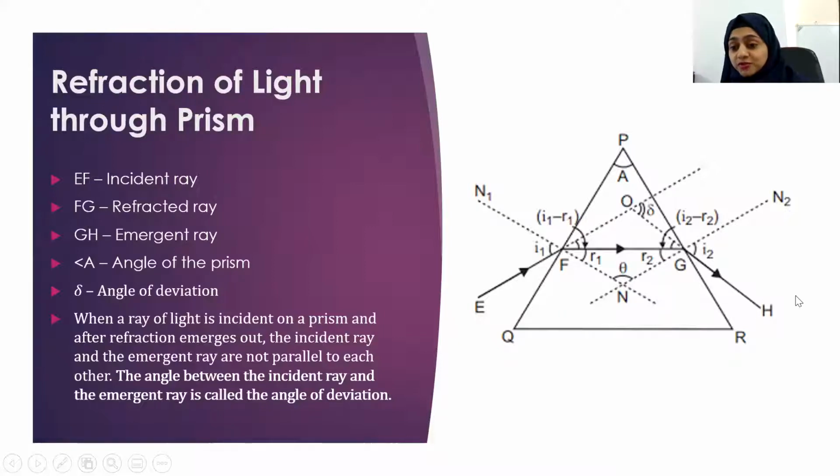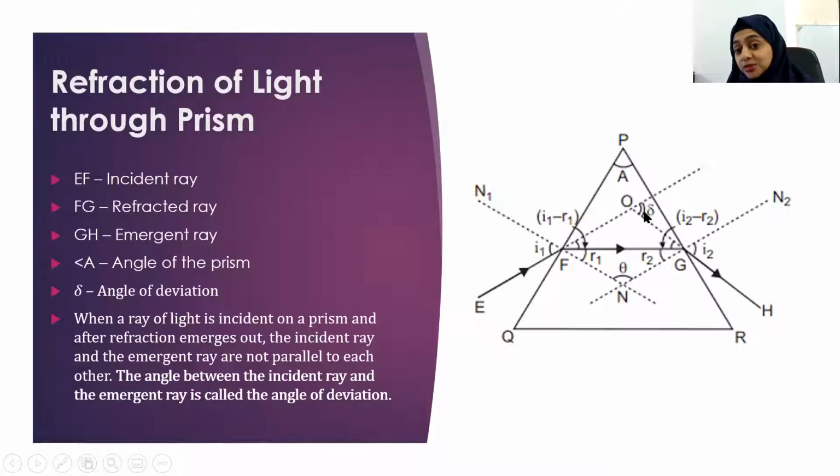Also, when you are looking from here, we will feel that the light that reached H, the light coming from this prism, will be coming from the point O. If nothing was here, if you are looking from this end, we will feel that it is coming straight from this point. So this is the direction of the incident ray and this is the direction of the emergent ray.